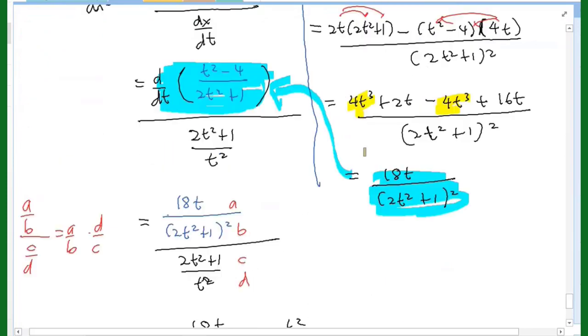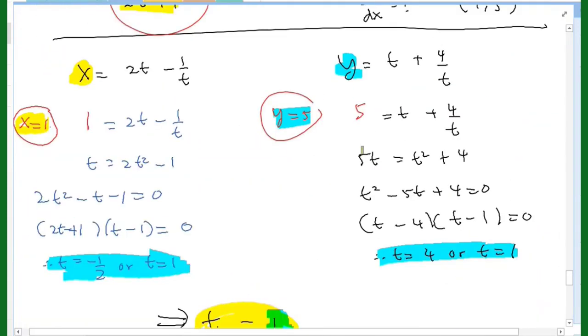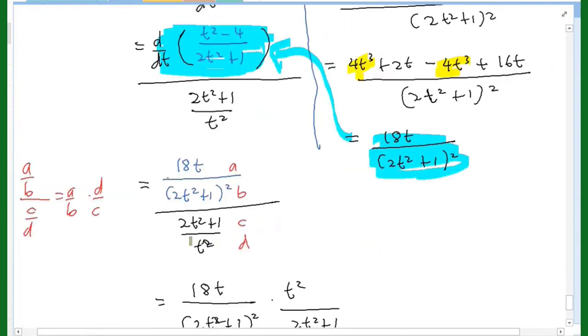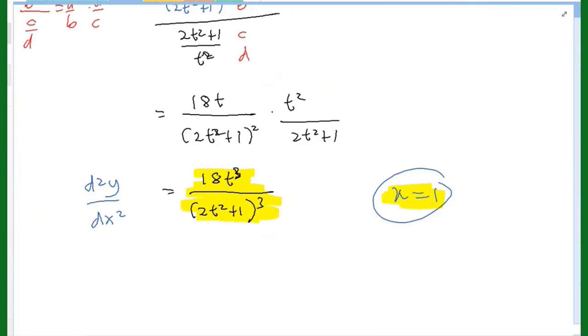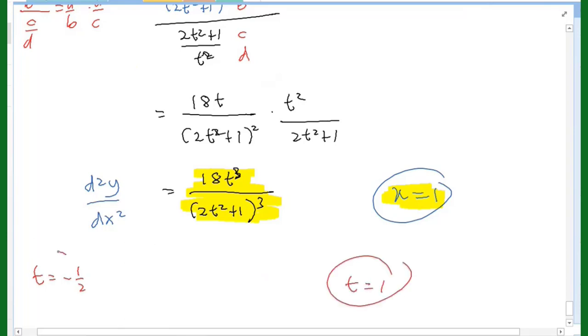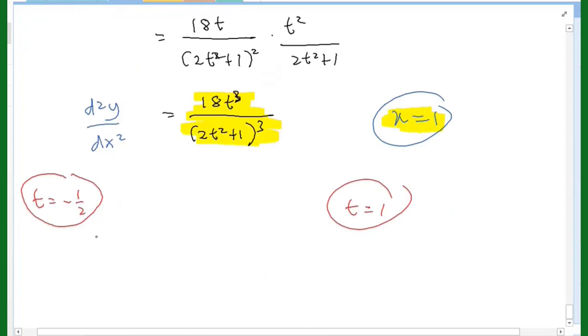From the above, x equals 1. Okay, when x is equal to 1, t is equal to negative half and 1. Okay, fine, right? Settled. Okay. And then substitute the two values.